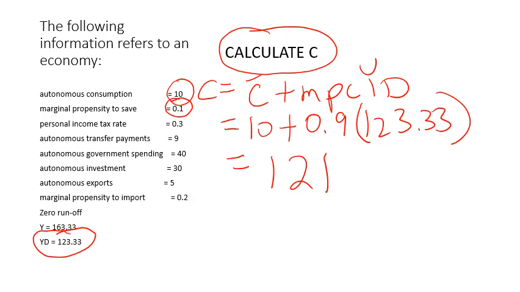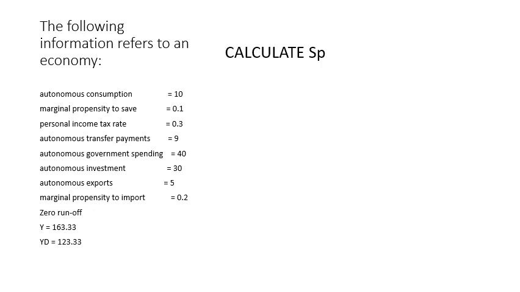Okay. So I'm going to show you how to calculate SP, private savings of the consumers, using two different ways. I just want you to remember something, however. Here I forgot the consumption calculation from our previous calculation.